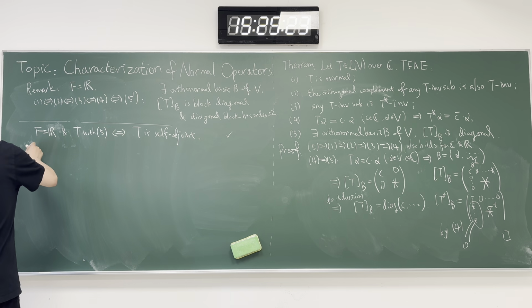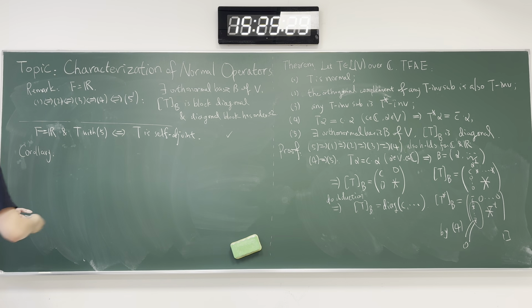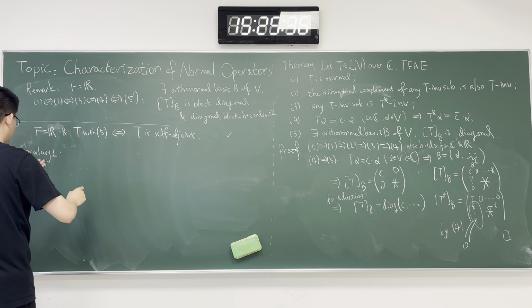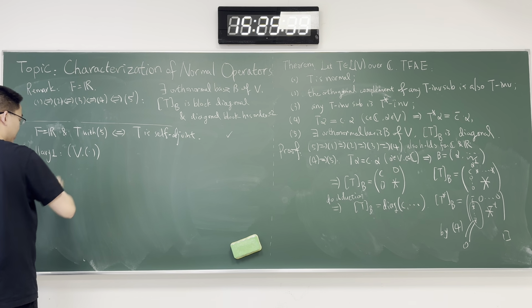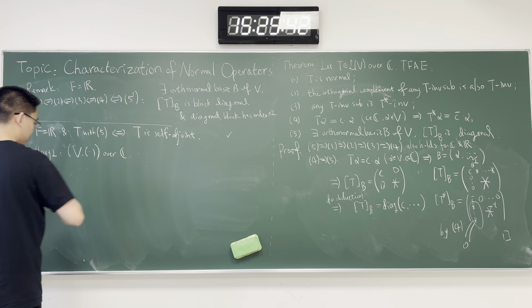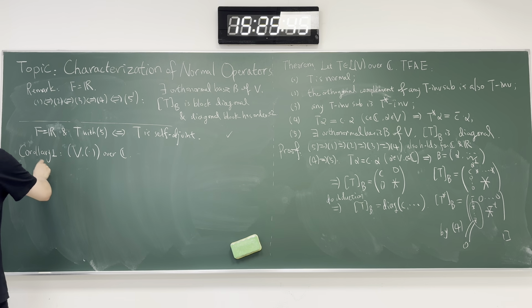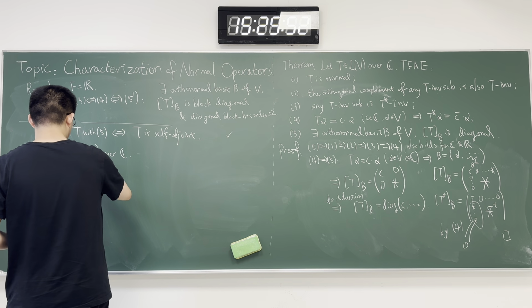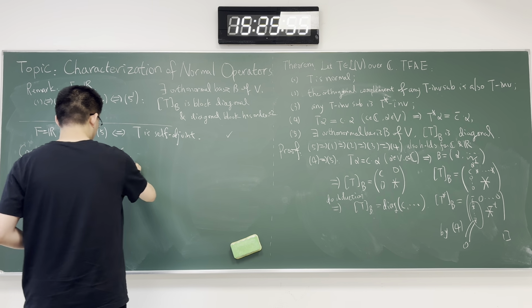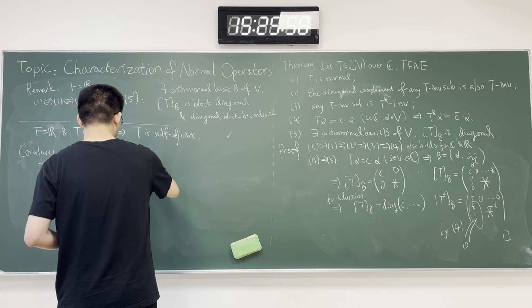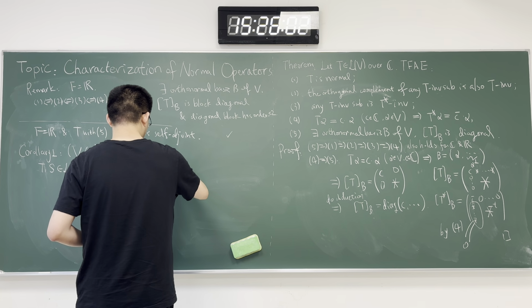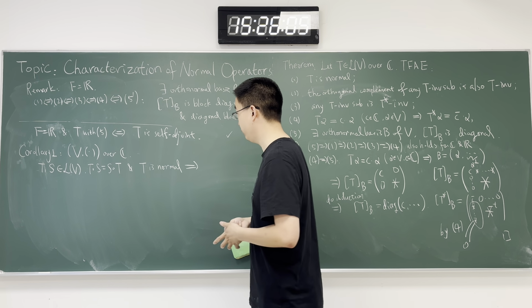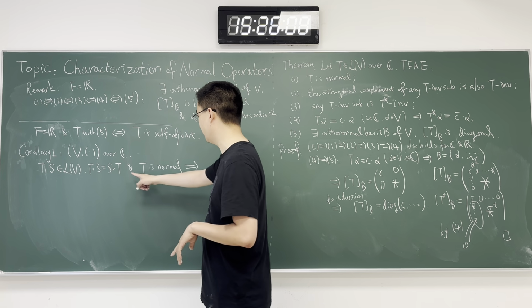Let's write it as corollaries. Corollary one: if we have an inner product space, also over C, and we are given two linear operators, say T and S, on V, such that they commute with each other, and T is normal, then the conclusion is that S also commutes with the adjoint of T.